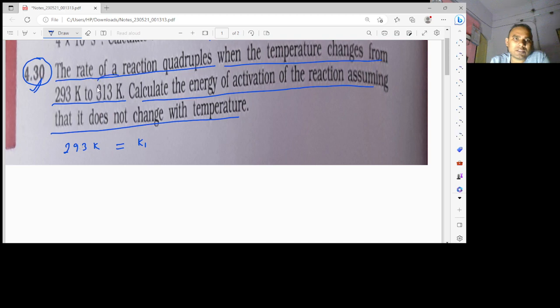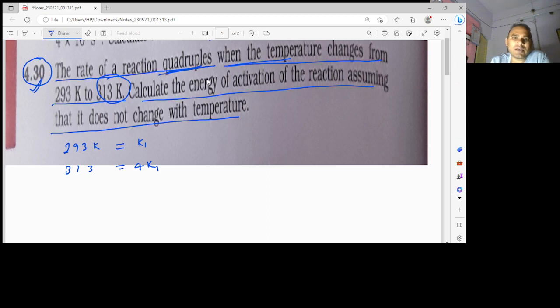Now it changes to 313 Kelvin. They are saying the rate of reaction quadruples, 4 times, when temperature changes from 293 to 313. So it will become 4 times K1. This information is given.